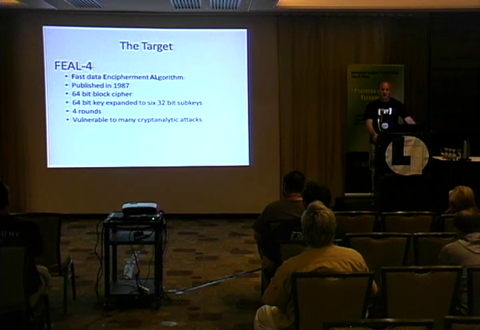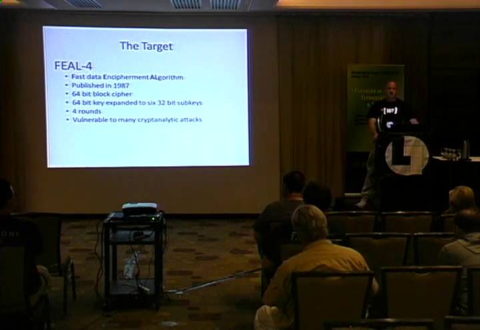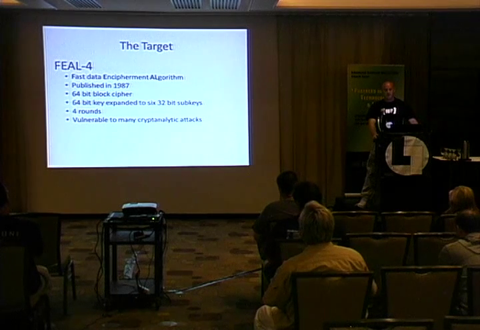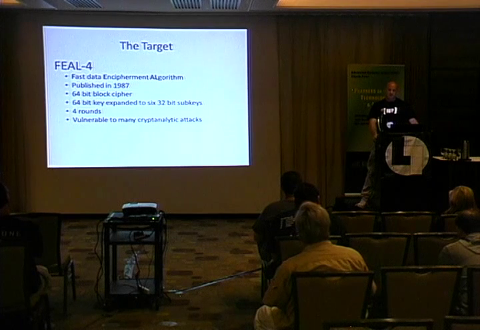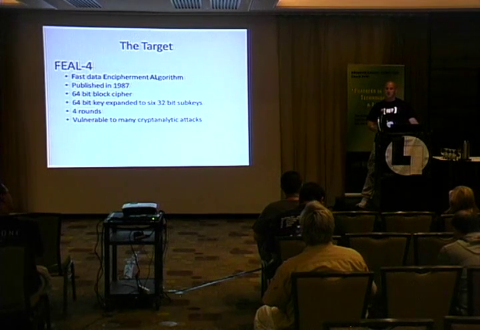Right. We're not attacking DES. There's been all sorts of stuff written about DES and how to break it and how it works. We're going to go after something even easier. It's called FEAL, Fast Data Encipherment Algorithm. It's pretty old, from the 80s. It was made as a replacement for DES to run on less powerful hardware. But it employs the same design principles that DES and other modern block ciphers do.